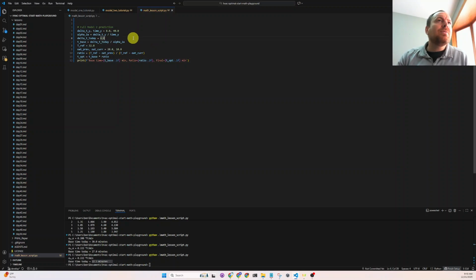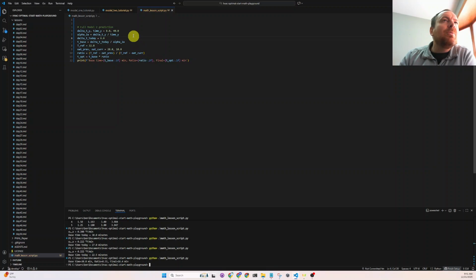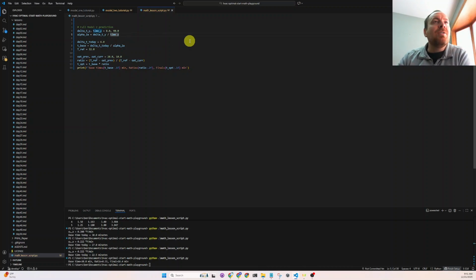Okay, so what do we got here? We got quite a few lines of code. So sometimes I just have to separate this out so it makes a little bit more sense. So this is our alpha A. This was just our ordinary degrees per minute, which we did the last time. Then this is the same thing we did with the last lesson. Our delta T today is 6 degrees.